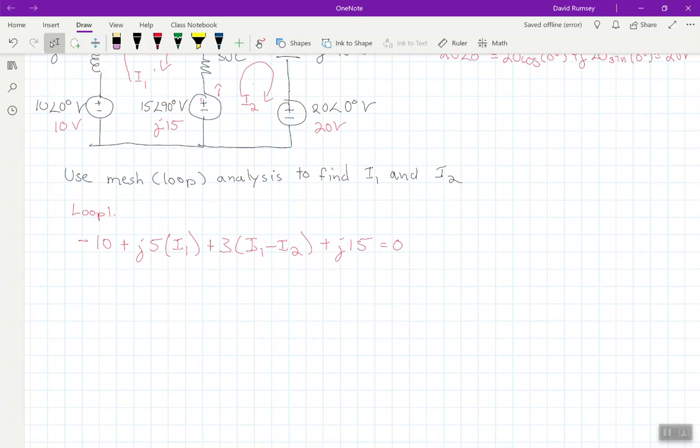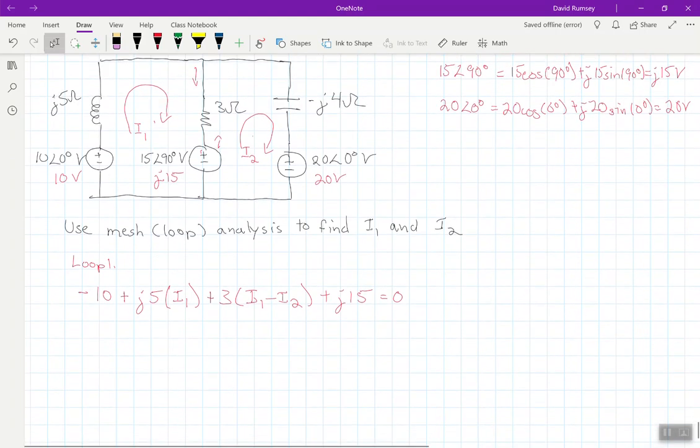Then if we simplify this equation, I will move this 10 and this j15 to the other side, so I'd have 3 plus j5 times I1.